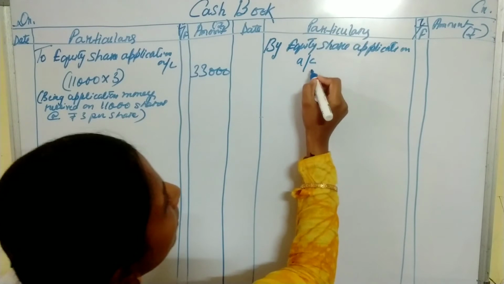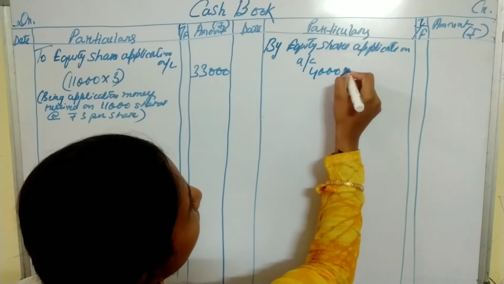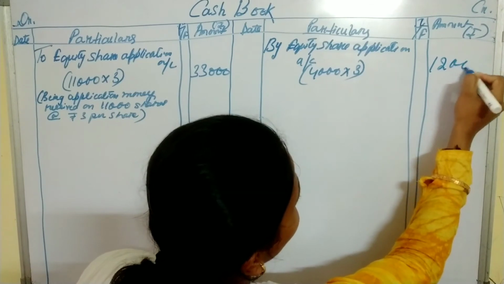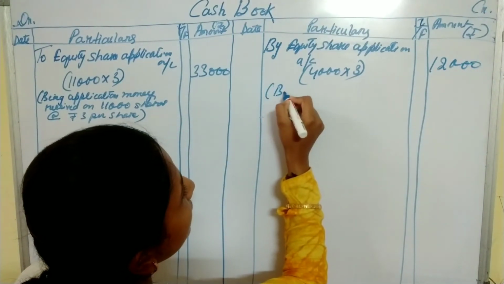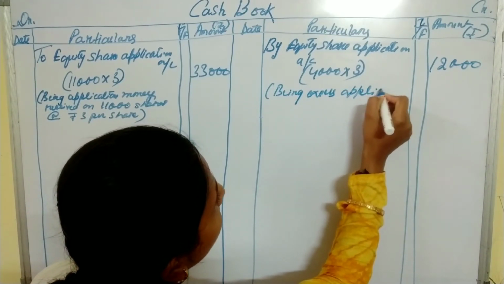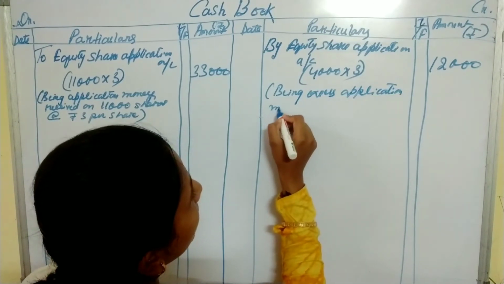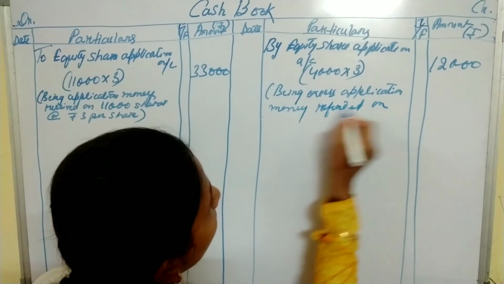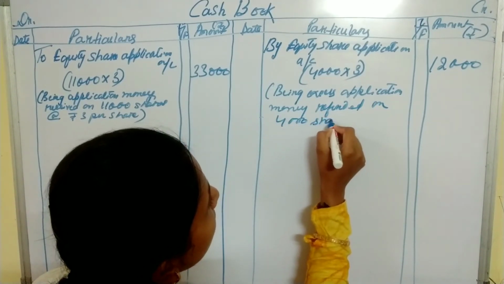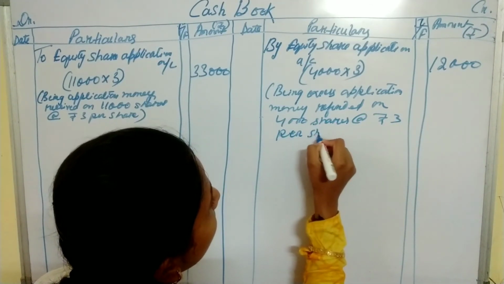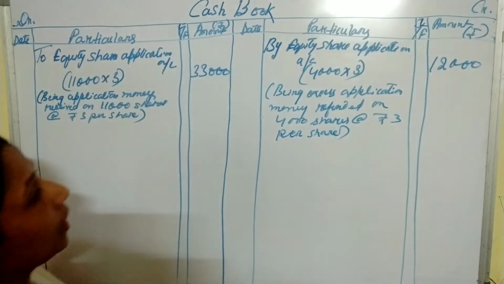So, what was the numbers of shares that were rejected and refunded? 4,000. 4,000 multiplied by 3, that is 12,000. So, below here write being excess application money refunded on 4,000 shares at the rate of rupees 3 per share. Okay, student.